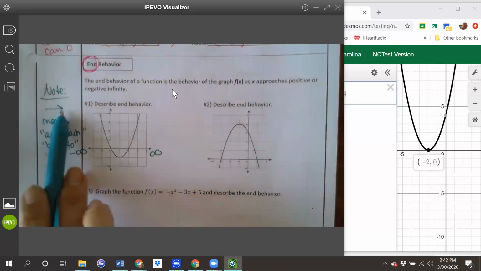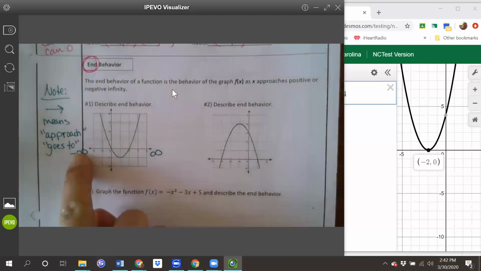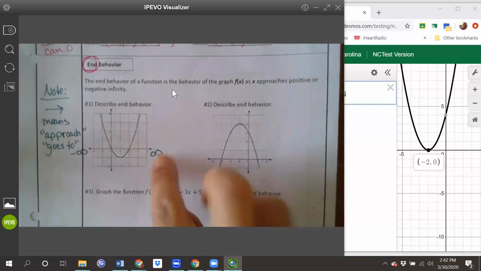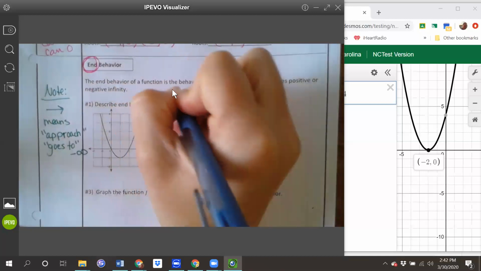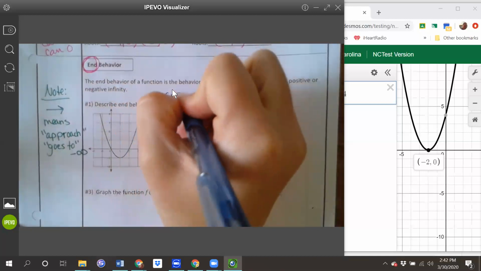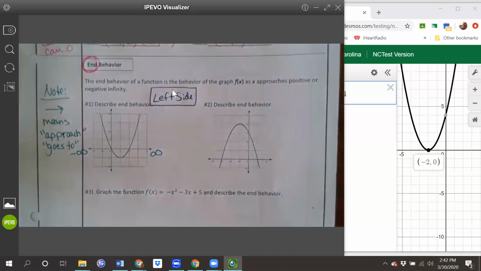It's like follow the arrow, we're getting closer and closer to something. So when I talk about end behavior, I want to talk about the left side of the graph, and then the right side of the graph. I'm going to talk about the left side first because I always start smallest to largest. So check it out.